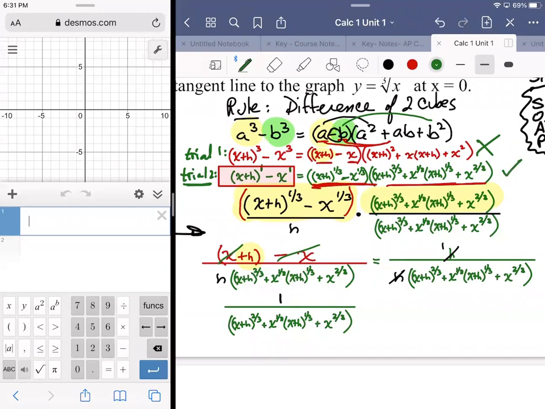But Professor, how did you know that that's the one that you wanted? Because that's the one that had the (x plus h) to the 1/3 power in it. So (x plus h) to the 1/3 minus x to the 1/3.